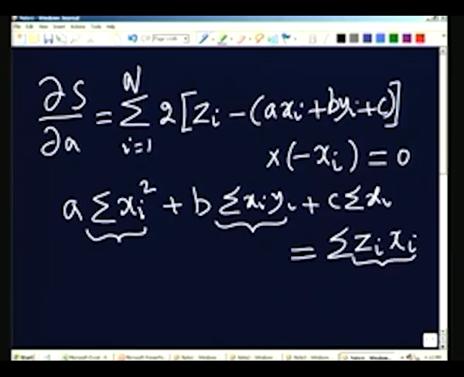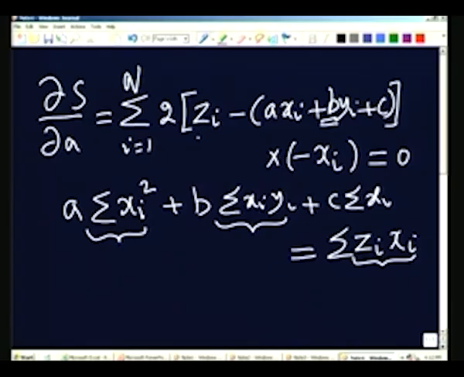In fact, you can immediately see that when I take the derivative with respect to b, I will get here instead of xi squared I will get xi yi, here I will get yi squared, here I will get yi, and here I will get zi yi. So, that is the second normal equation. When you take with respect to c, I will not get any product like this.